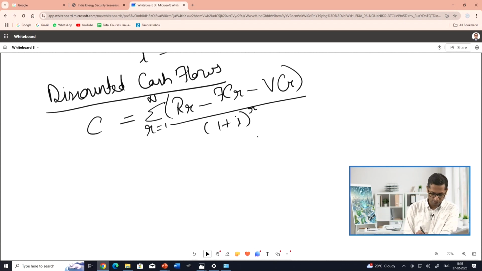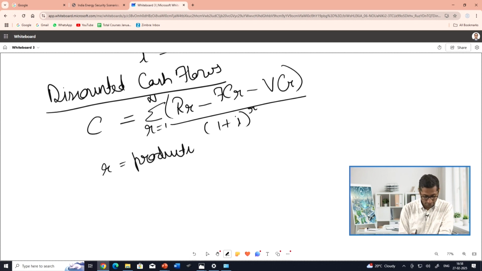Again, to set things into perspective, R is the production year when the production has started. N is the final production year.